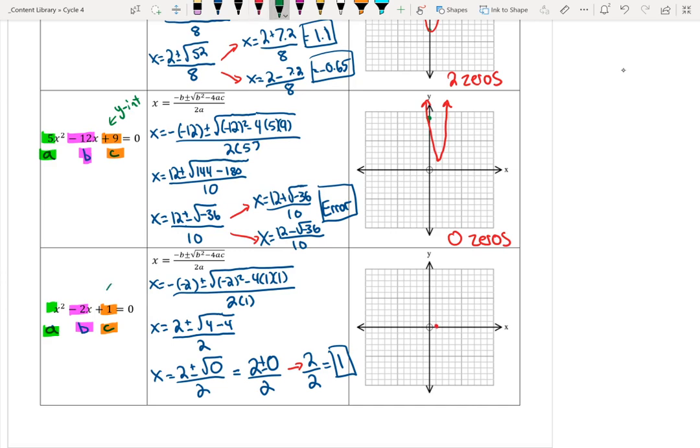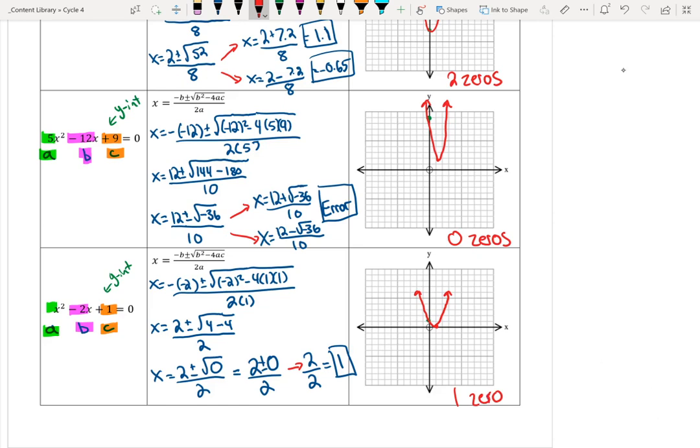I know, again, I can find my y-intercept, which is here. So if I were to sketch my parabola, it would look something like this, which means I only have 1 zero.